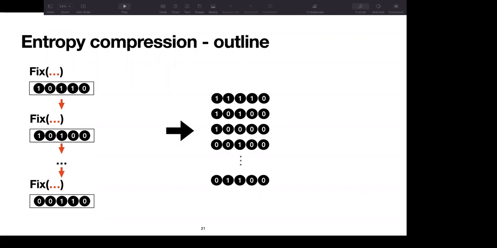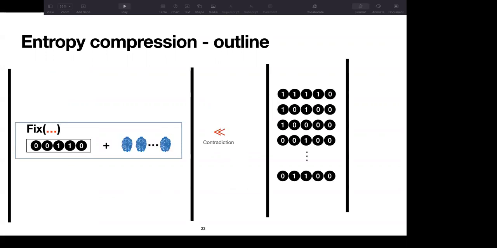What I will try to show you, with a very hand-wavy proof, is that starting from the last call to this procedure fix, plus some hints, I can go back in the recursion tree. I can reconstruct the state of the system back to the start, when you first call this procedure. This means I can reconstruct the random bits, and we will see that this leads to a contradiction.